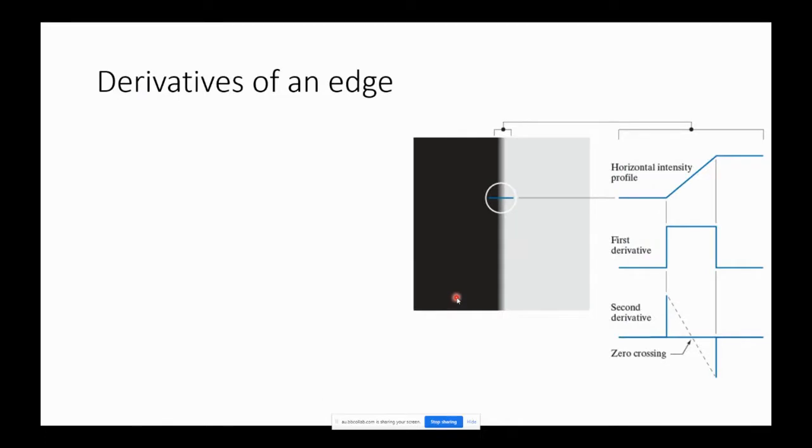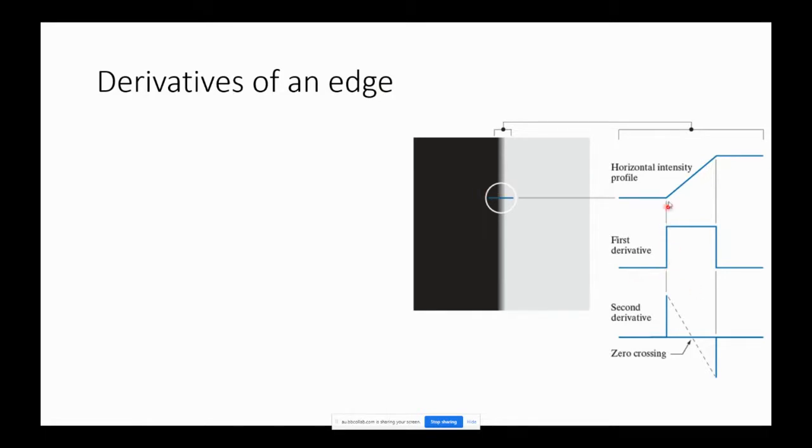Now, how do I find an edge? We're not very creative. Use the derivatives. Usually the edges are like this, and the result of the first derivative will be constant for the constant portions of the image.